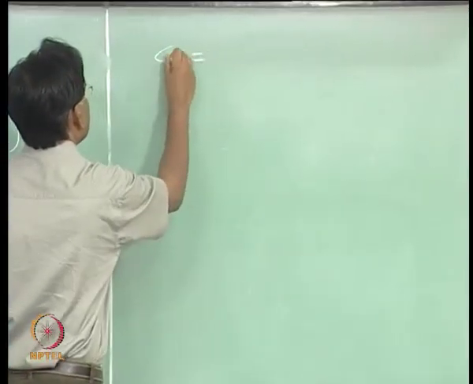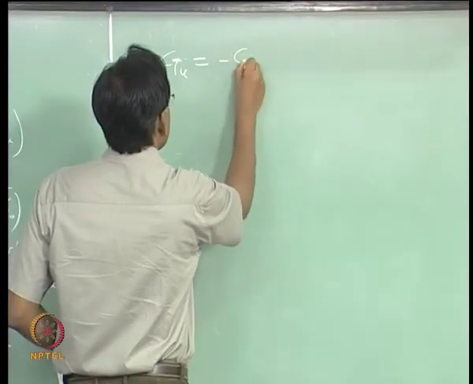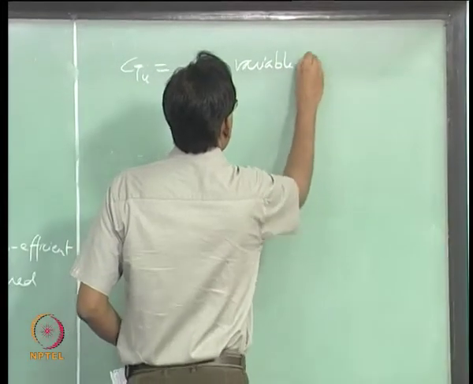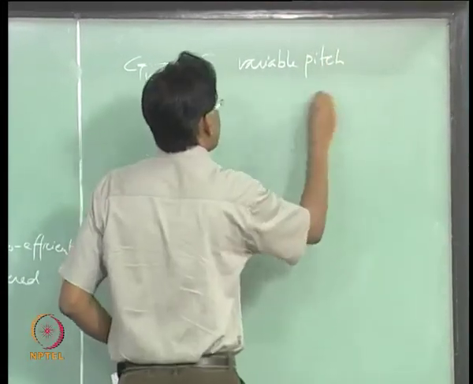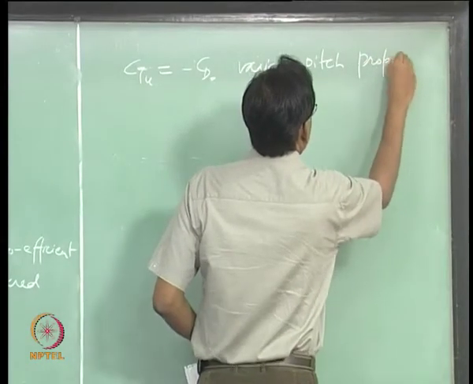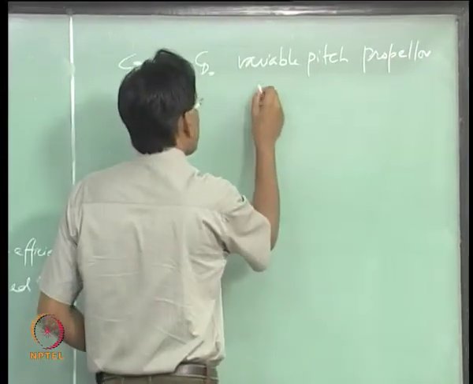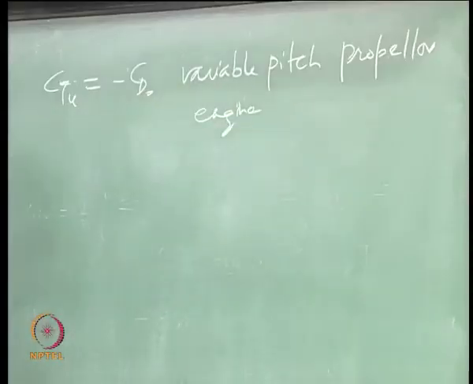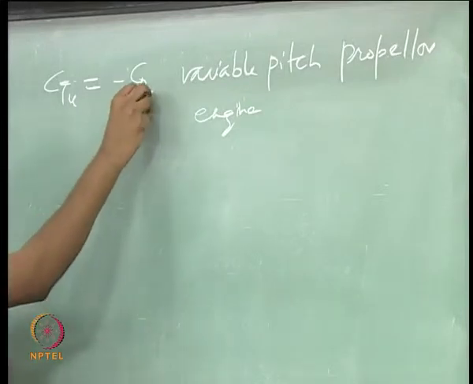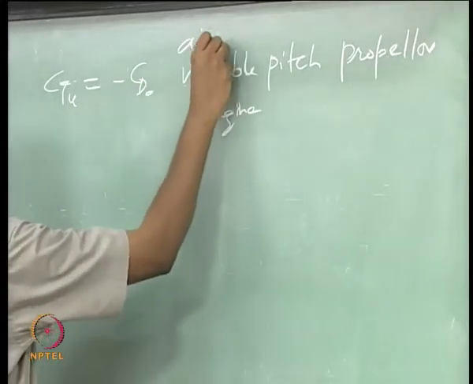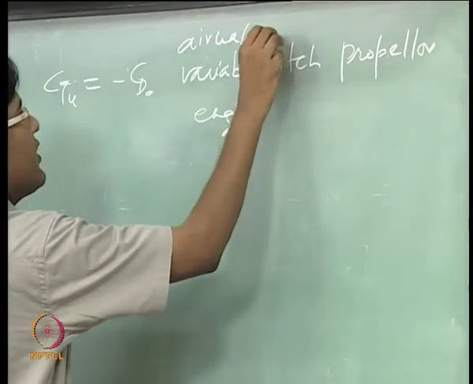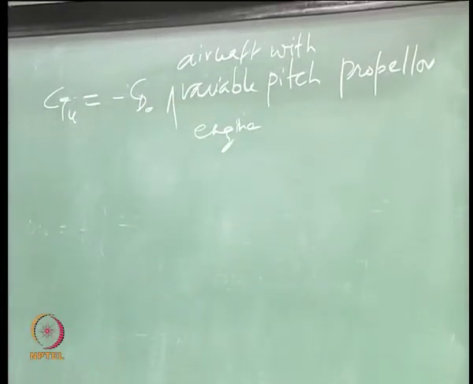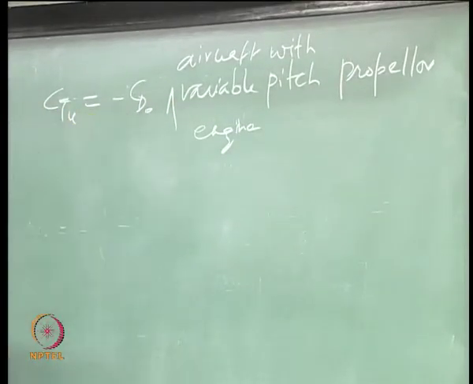for aircraft with variable pitch propeller engine, CTu is nothing but minus CD naught.